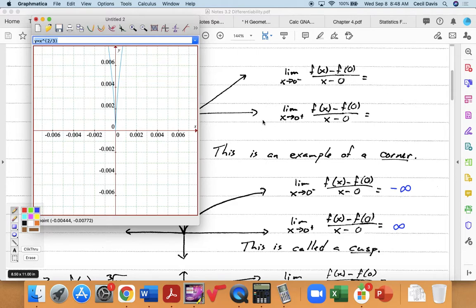Again, the left and right hand derivatives don't agree. And even if they did agree, they're infinite. That isn't a value. So this is an example of something that's sometimes called a cusp. Okay, between those two things.